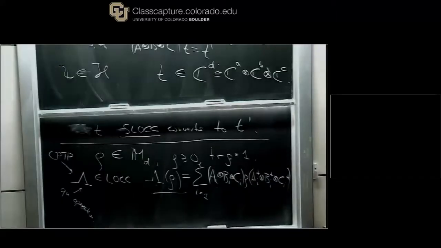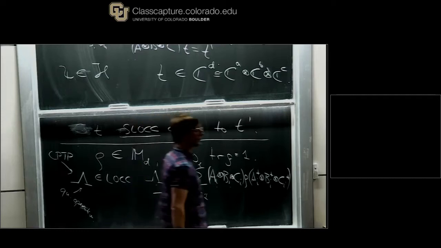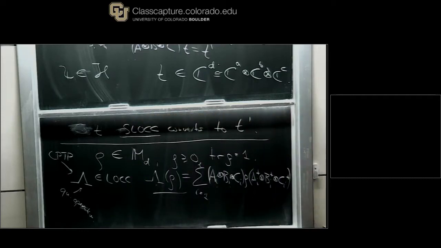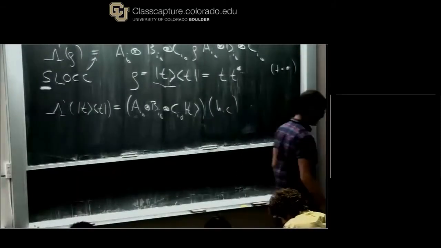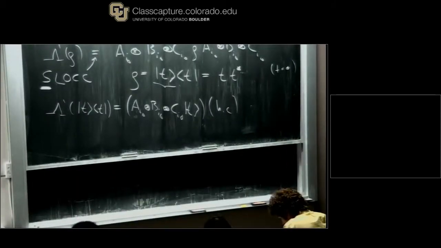Okay, so they're like Kraus operators. Yes, they're completely positive. You can make a completely positive map out of it. That's not trace preserving. Yes, that's right. It's not trace preserving, but I only keep one term.